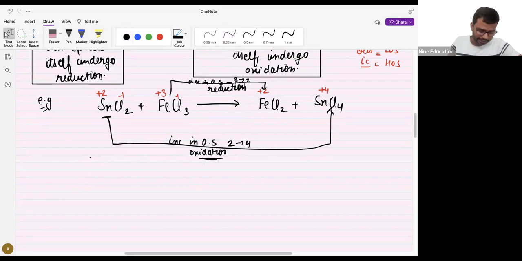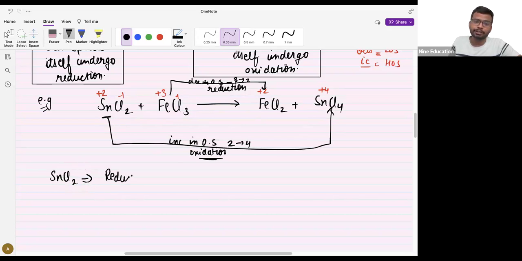So see here, what is SnCl2 doing? It is reducing FeCl3 from FeCl3 to FeCl2 and itself going for oxidation. If it is reducing the other one, then SnCl2 acts as what?